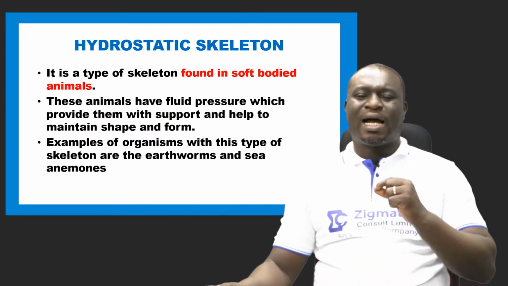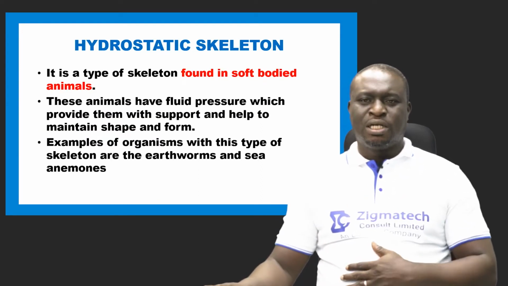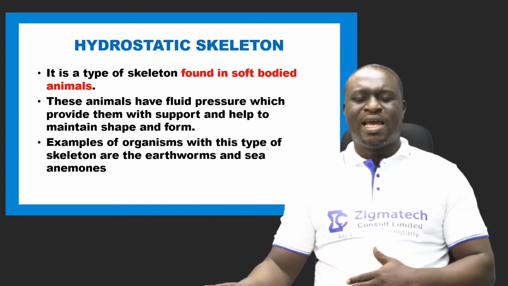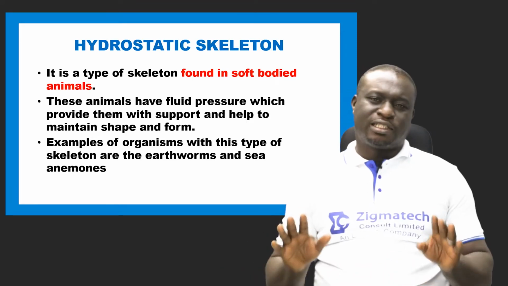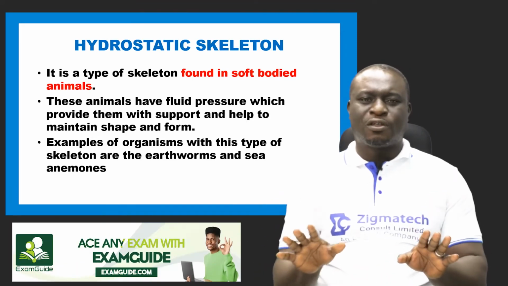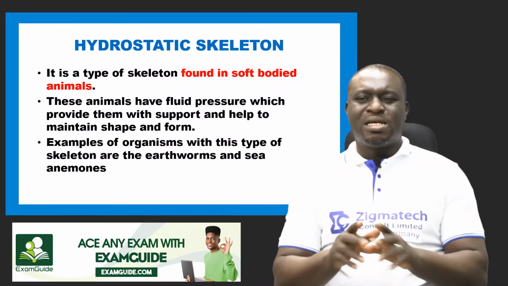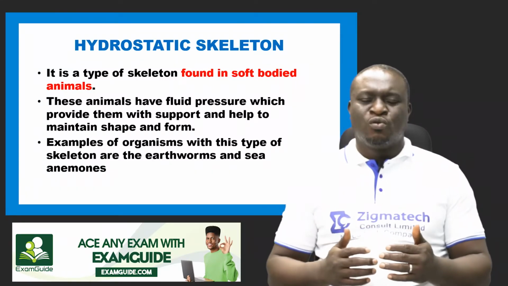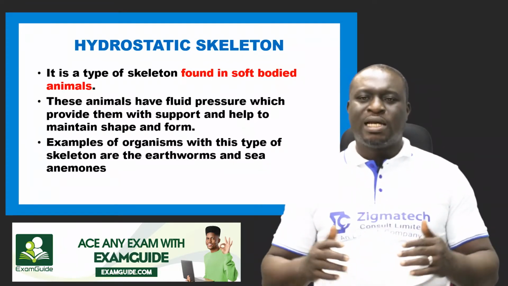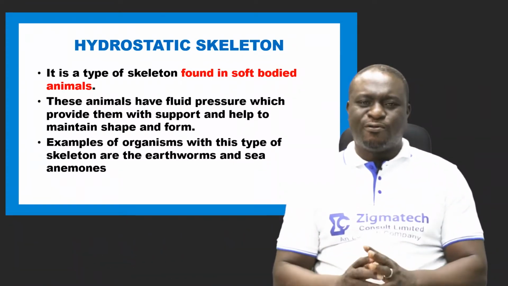Number one is hydrostatic skeleton. Hydrostatic skeleton is found in soft-bodied animals. These animals have fluid pressure, which provides them with support and also helps to maintain shape and form.